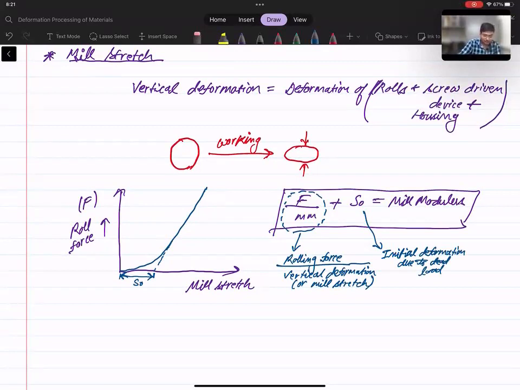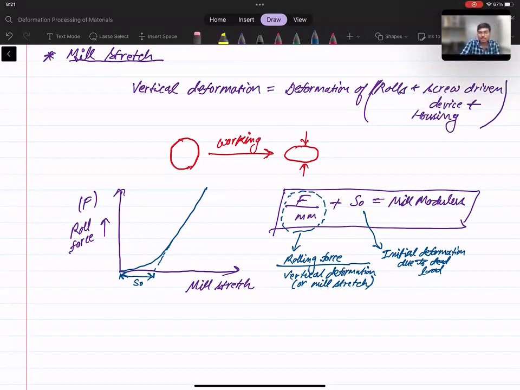So this is something about the mill stretch. Basically, mill stretch comes into picture when the rolls are working or doing their job of deforming the metal. They themselves get deformed, and that particular thing is defined in terms of mill stretch.